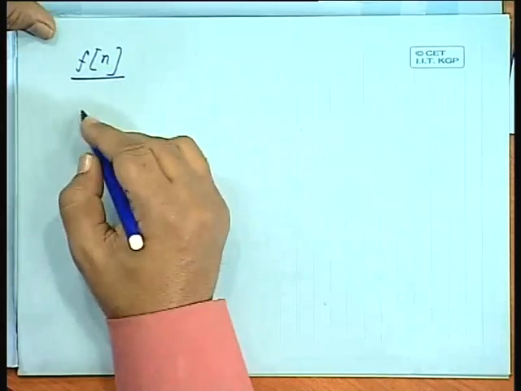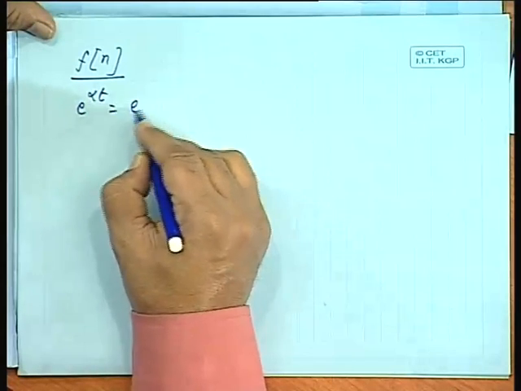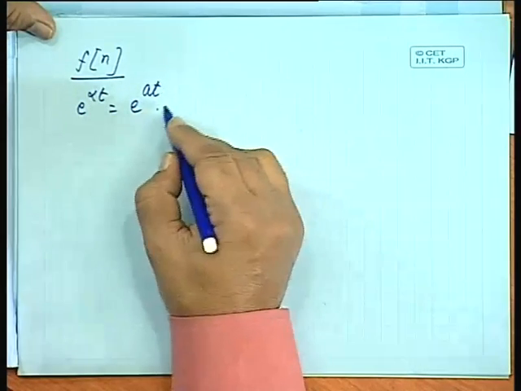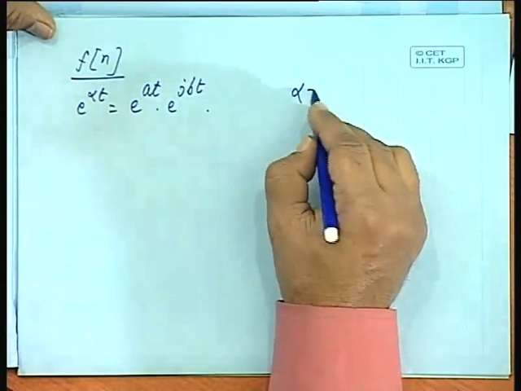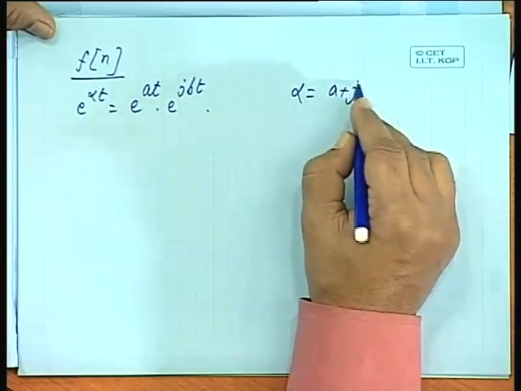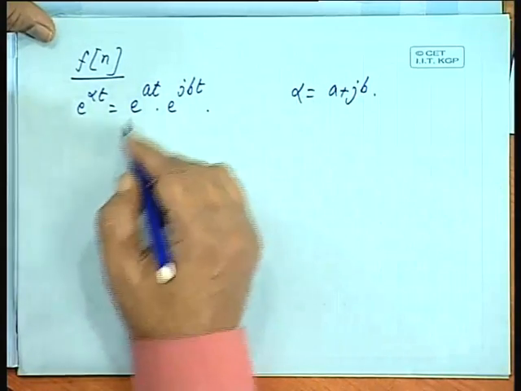Suppose we have alpha equal to a plus j b. a can be negative or positive; depending on that it will be exponentially increasing or decreasing.